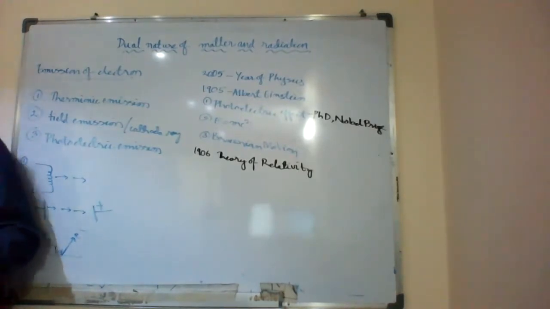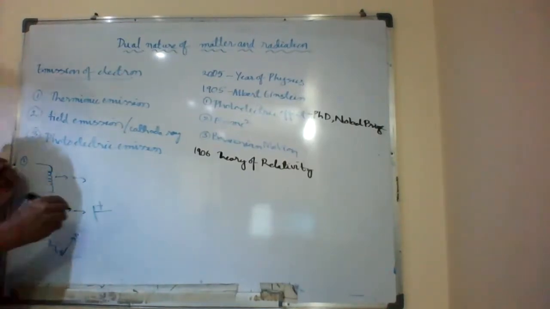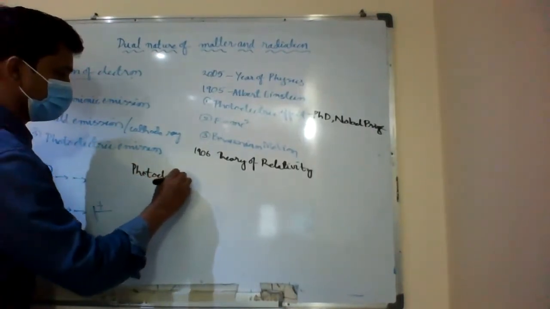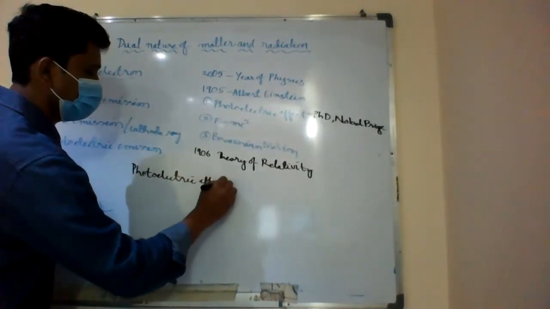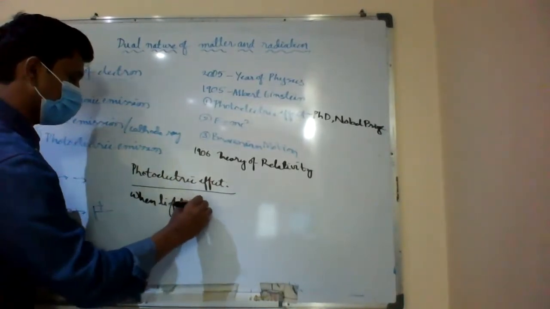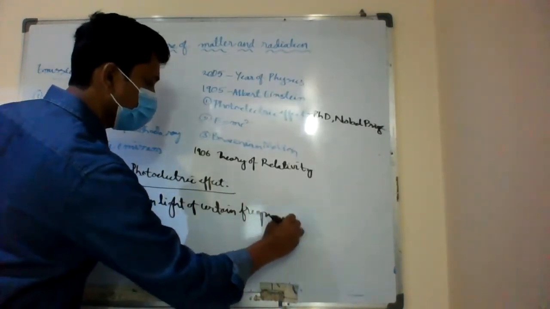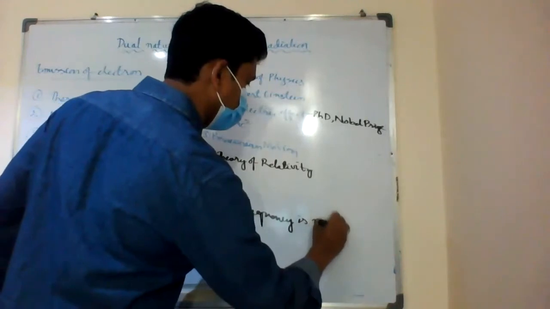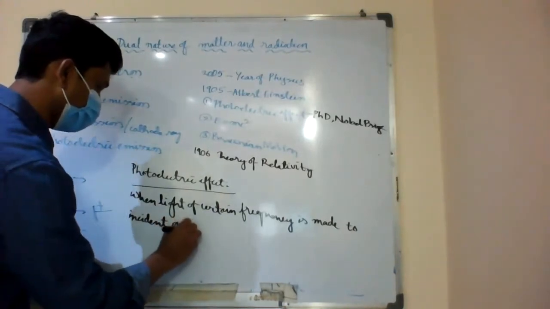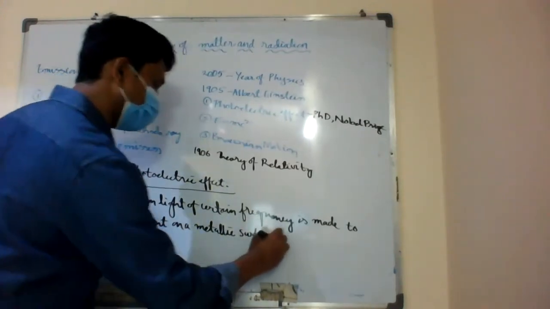Now, what is the photoelectric effect? He said that when light of a certain frequency is made to be incident on a metallic surface, electrons are ejected out.